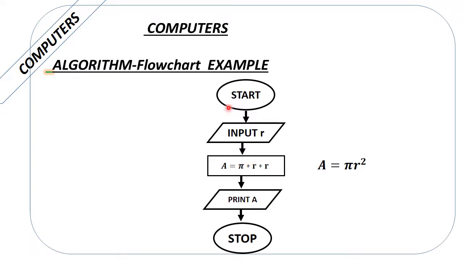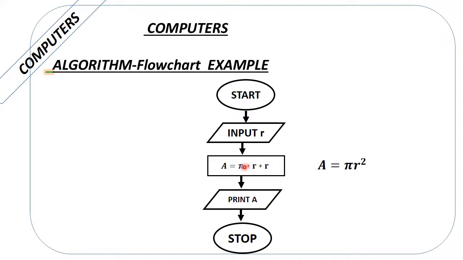For you to understand that, you have to understand the flowchart. You have to understand what result it will give out, what process is going to be carried out, and what we're expecting from the user. So if the user enters 10, then our R is 10. Then that 10 is going to be taken to the process. The computer is going to take pi, which is the number 3.14, and multiply by 10 and also by 10.